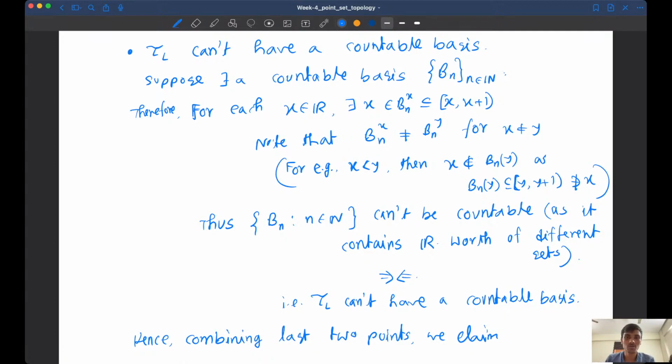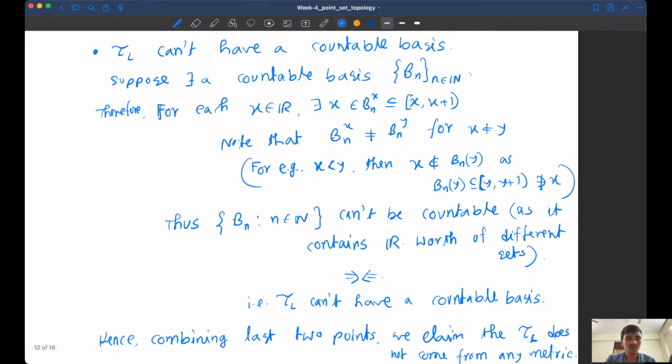From there I'm concluding that for each x, the elements that I get from the basis are all different. So I should have R-worth of such elements in the collection, but we started with countably many things, so that cannot happen. So this TL cannot have a countable basis. Fine. Yeah.